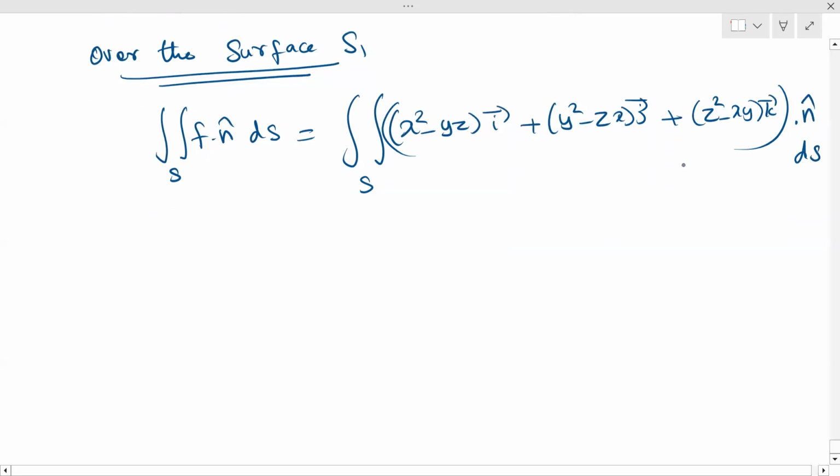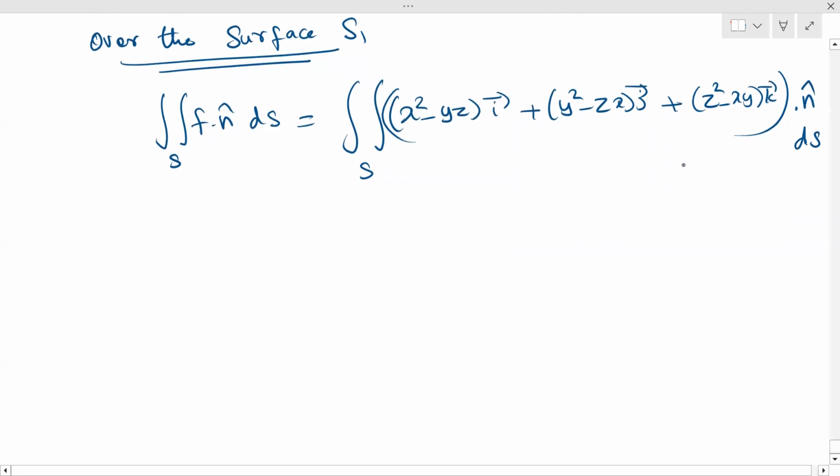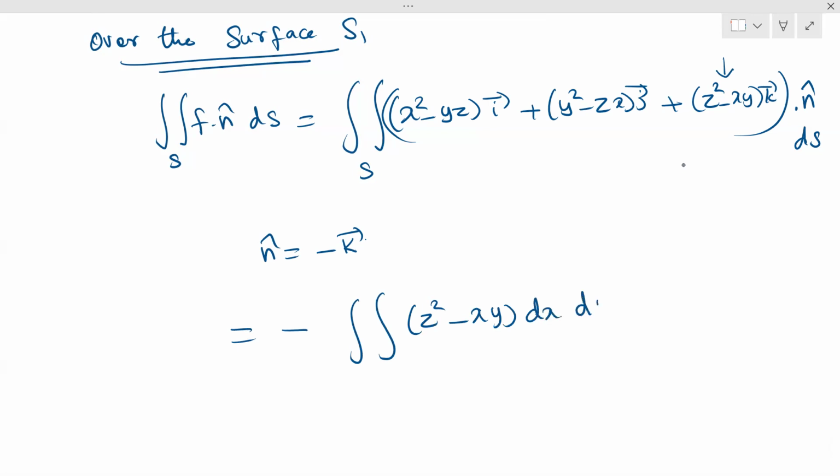For the surface S1, what is the value of n cap? N cap is minus k, which means we get only the k component with minus sign. So we get minus integral of (z square minus xy) ds, and ds is dx dy.